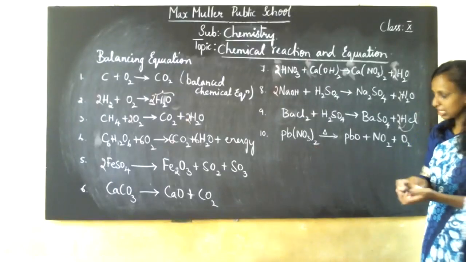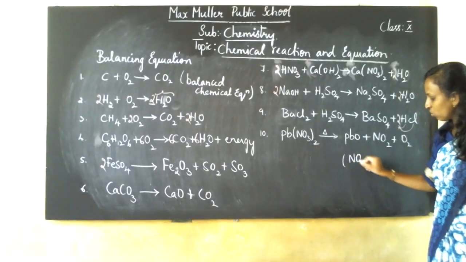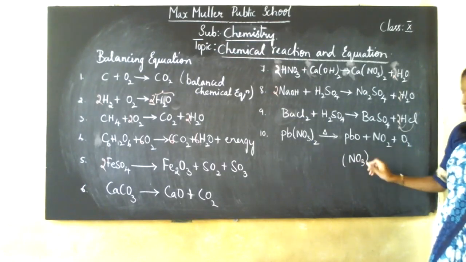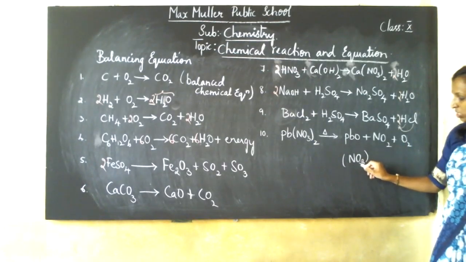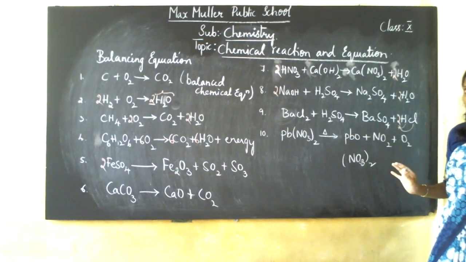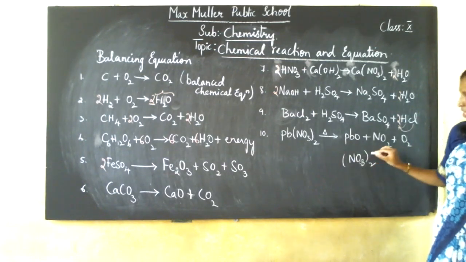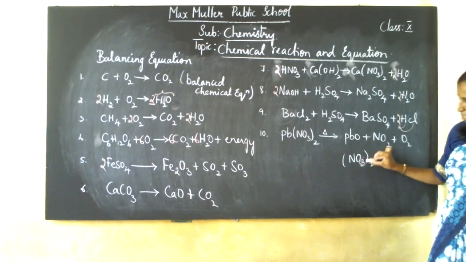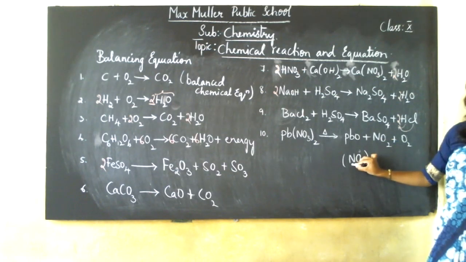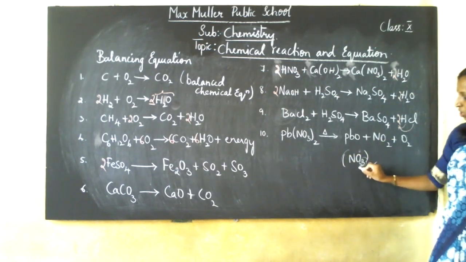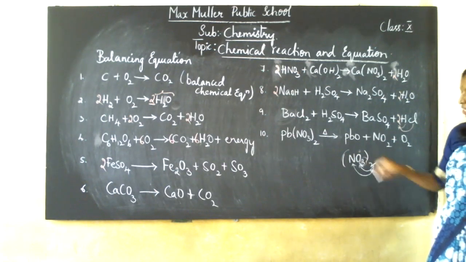If it is like this, NO3 whole 2, the 3 is only for oxygen. 2 will include both oxygen and nitrogen. Whatever the radical, the 3 is only for oxygen. You are not supposed to take it for nitrogen. But this whole 2, whatever I have written, includes oxygen as well as nitrogen.